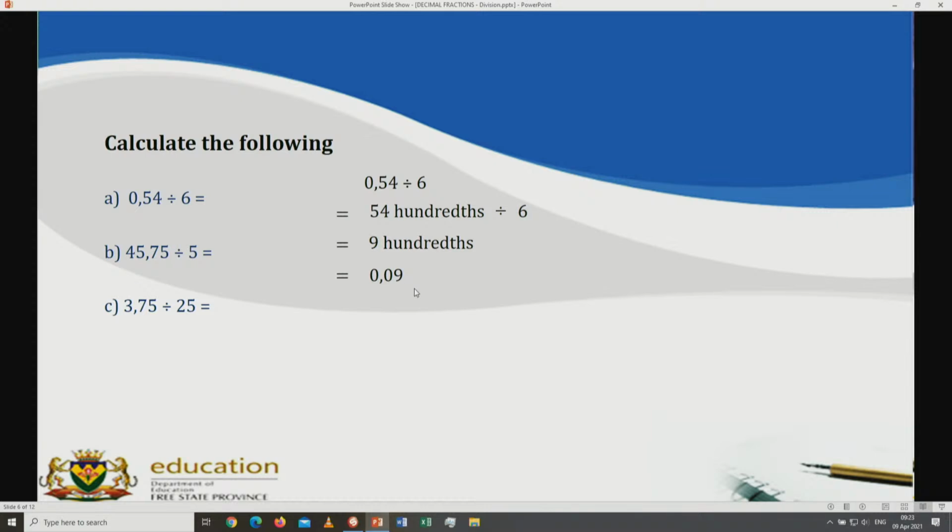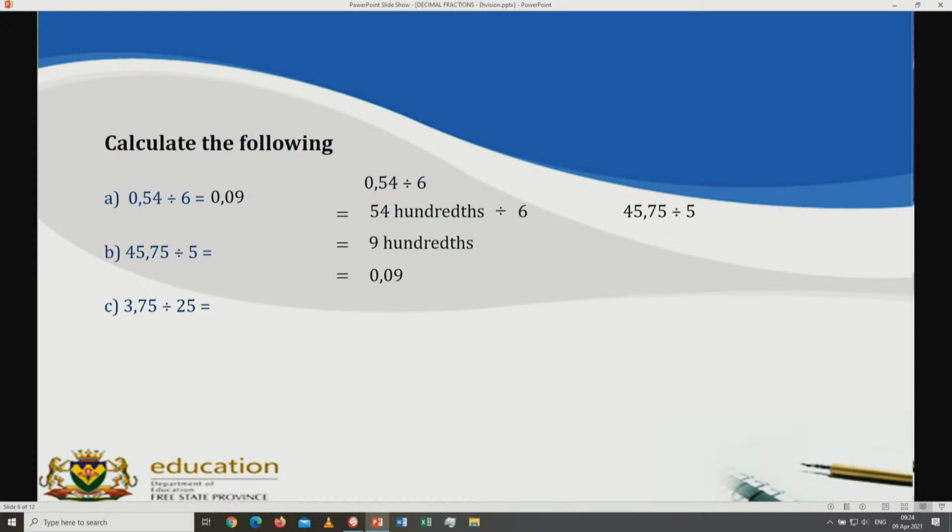You must remember the first lesson on decimals where we used a fraction chart to show how the decimal notation comes about. Therefore, if you go to the first lesson on decimals, you'll see why I say it's 0,09. That is going to be our answer.